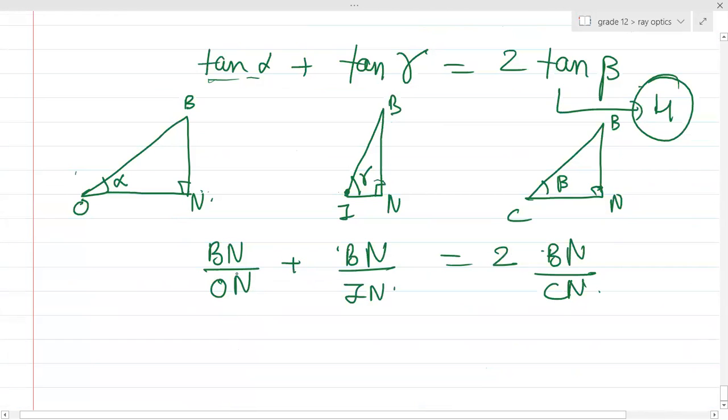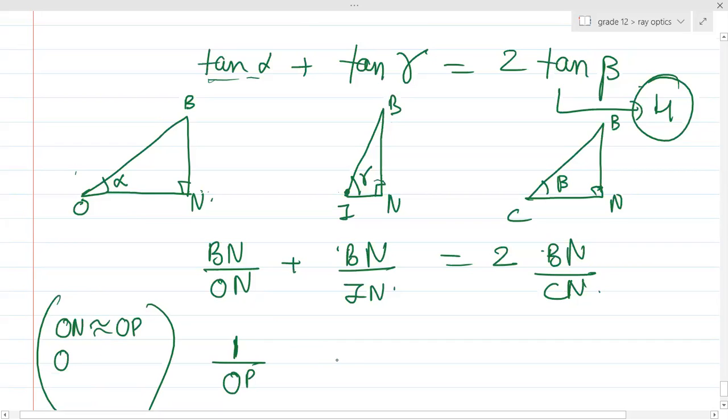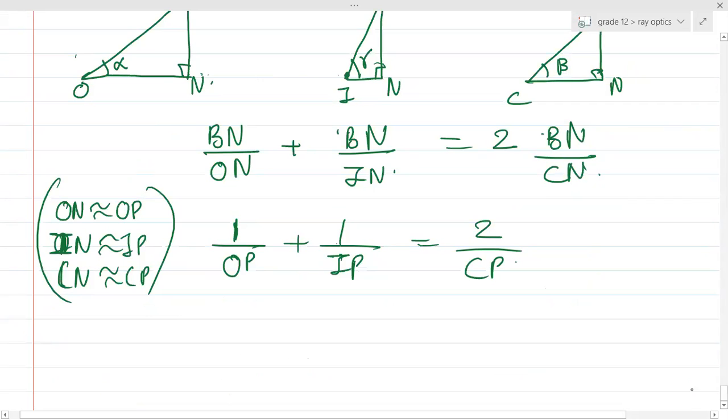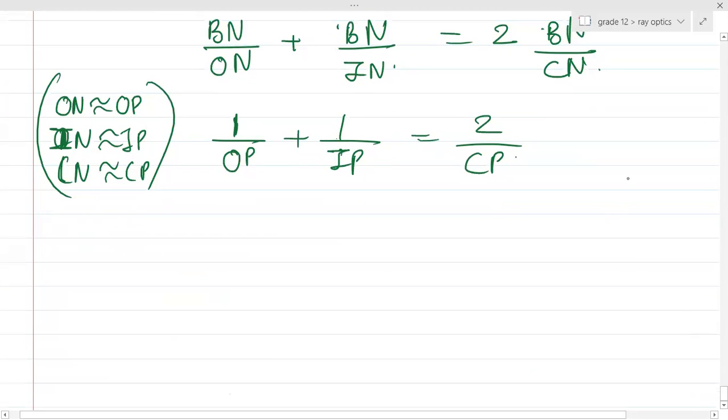So BN will get cancelled out, and this will become 1 by OP plus 1 by IP is equal to twice of CP. Can I write it like this, guys?